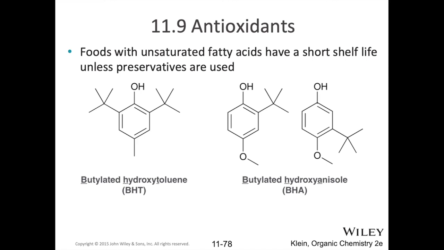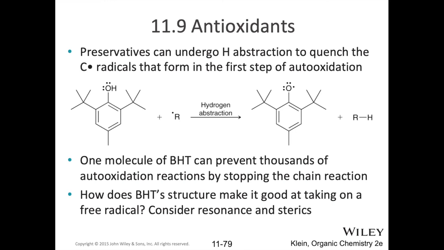So you can see here that if you look at either of these preservatives, they're doing something similar to what we saw with hydroquinone earlier in this chapter, right? They'll react with a radical where the radical will pluck off a hydrogen, but the resulting leftover molecule is resonance stabilized. So it readily gives off a hydrogen to soak up those radicals and prevent them reacting with the food.